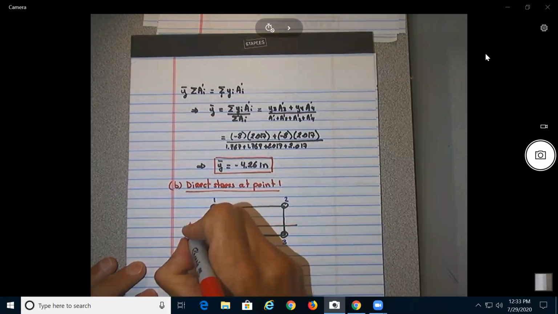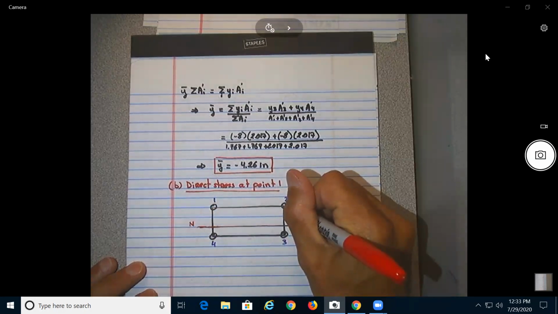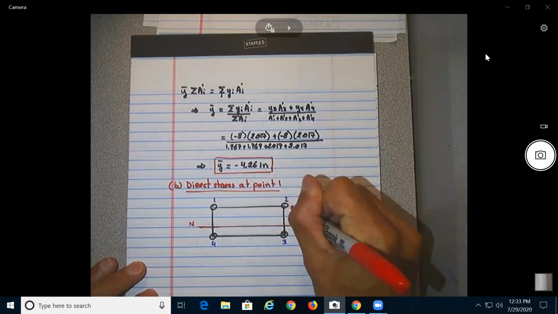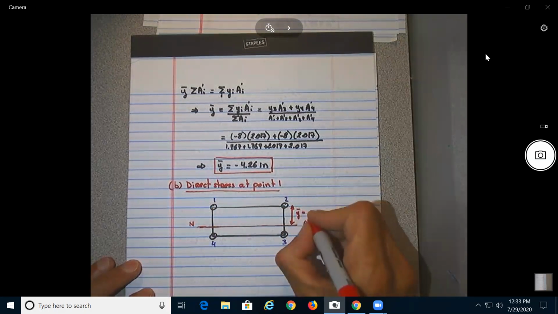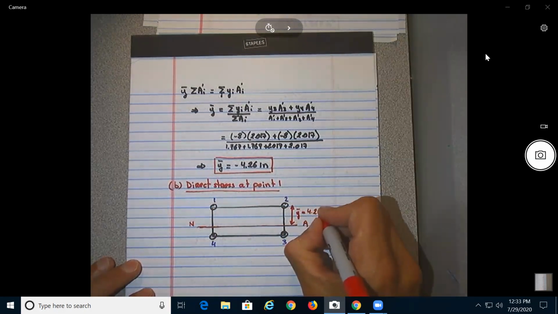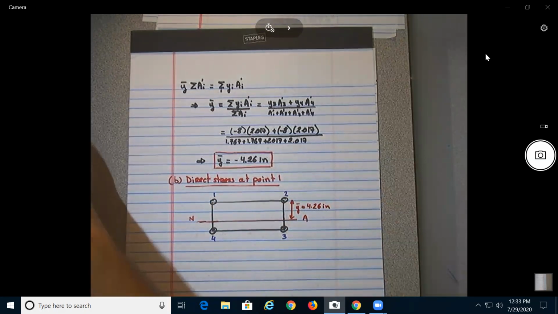Okay, well, this is the neutral axis. And we say this is at y bar equal to 4.26.